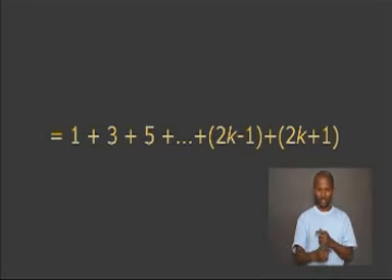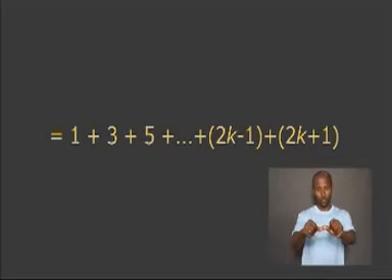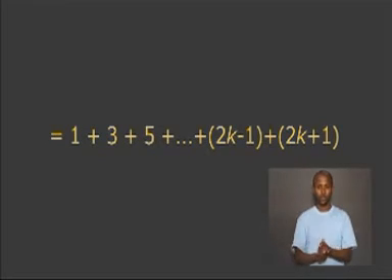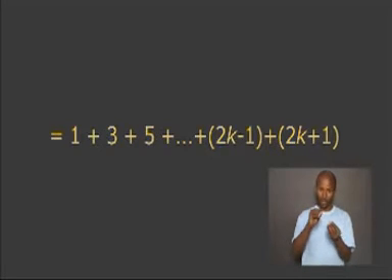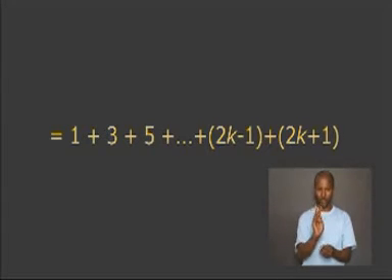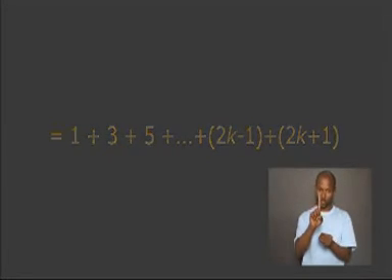Simplified even further, the equation is 1 plus 3 plus 5 and so on plus 2k minus 1 plus 2k plus 1.